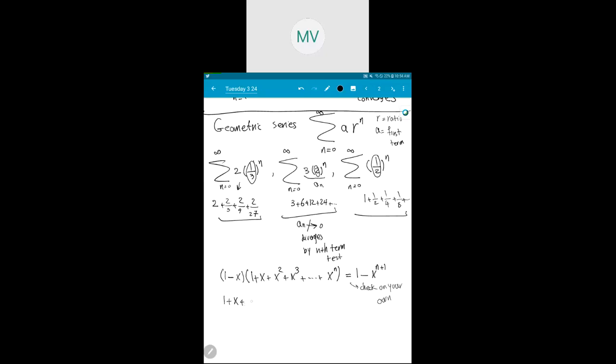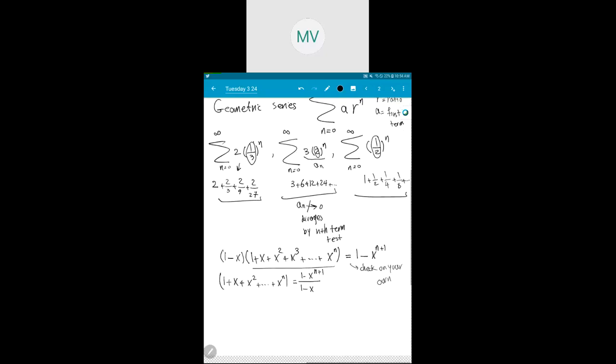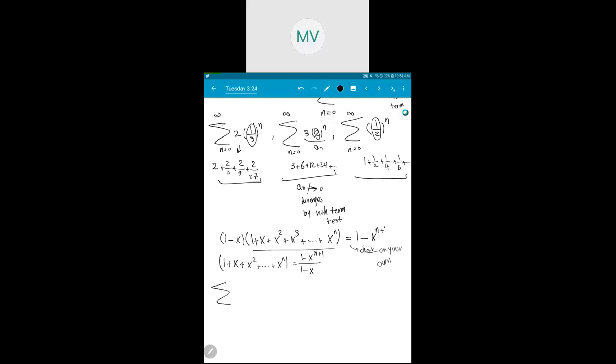So I'm going to go ahead and solve for this, which becomes 1 minus x to the n plus 1 over 1 minus x. Okay. Now we're going to be using this. So the sum of a r to the n starting from 0 to infinity equals the limit, using partial sums, of the sum of a r to the n up to capital N, as N approaches infinity.